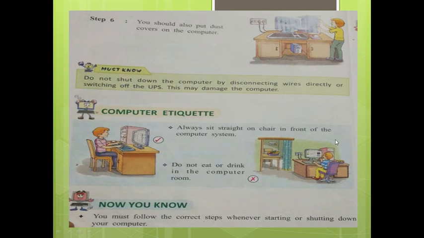This position is wrong, the chair is also wrong, and if you put eating things or liquids here, maybe it will cause problems later on. So now you know, note this down in your copy. You must follow the correct steps whenever you start or shut down your system.